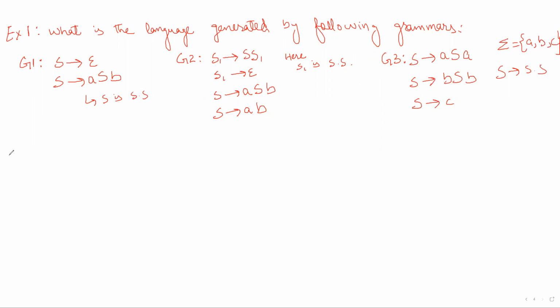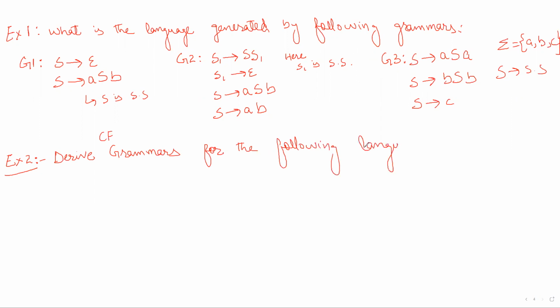So this is example 1. Now let's come to example 2. Example 2 is: derive context-free grammars for the following languages. So you have to derive the context-free grammar.